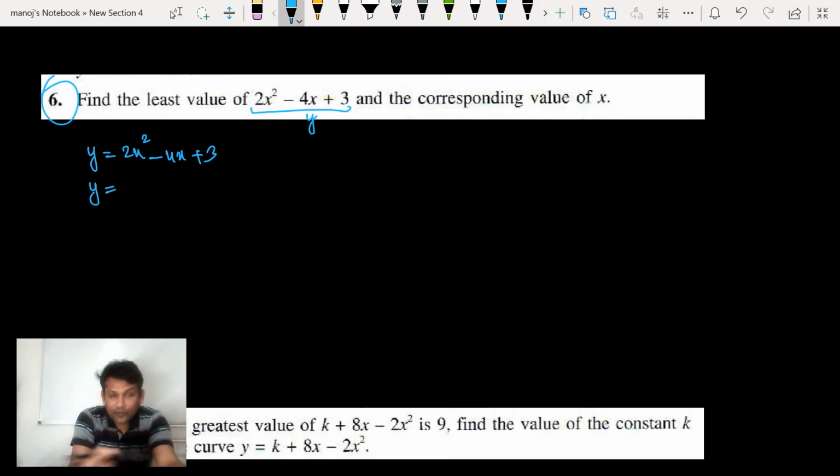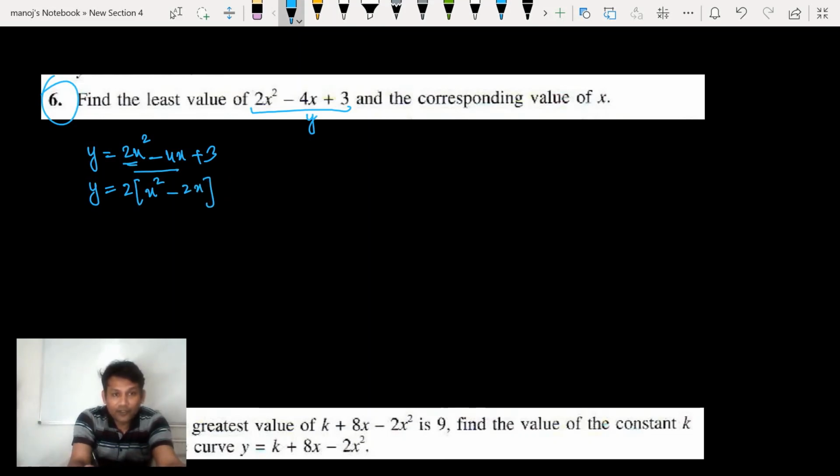I have also made a video on how we can use the complete square method, that you can see the link above and you can watch it. Okay, the method was I will make x square the coefficient of 1, so I will take common in the first two only. x square minus 2x and plus 3.